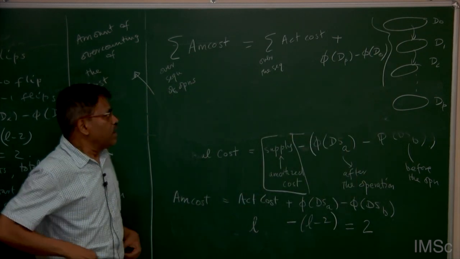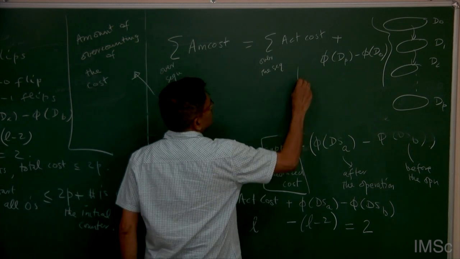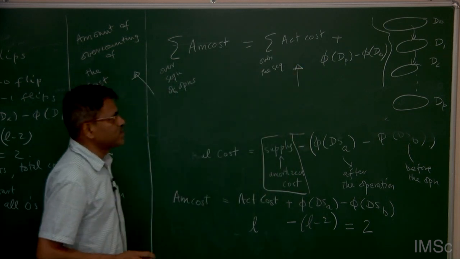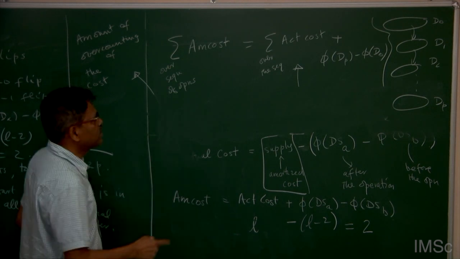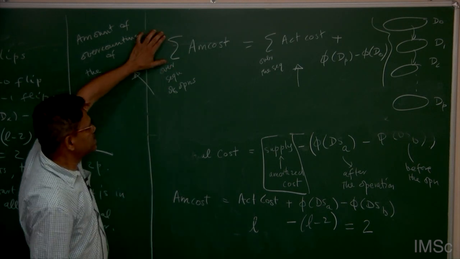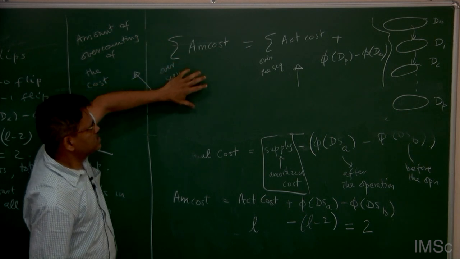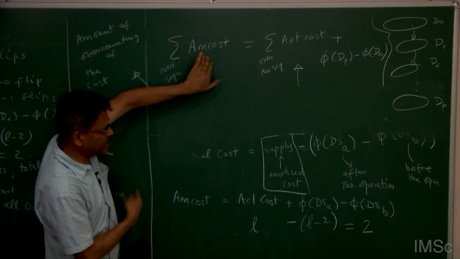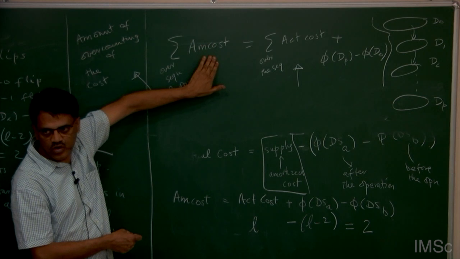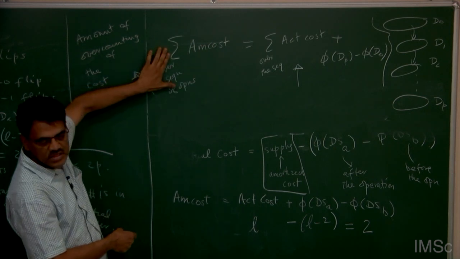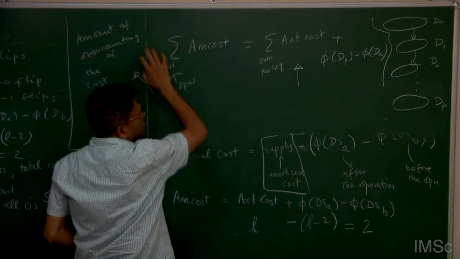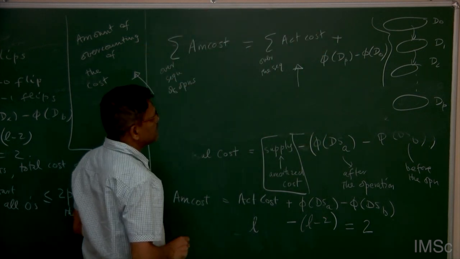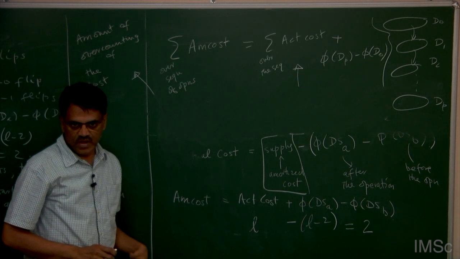Now my interest is here, because I just care about the total cost for the sequence of operations, the actual cost. So this is the summation over amortized cost, which I analyzed to be 2 times the number of operations. And this thing will come in here, phi of D0 minus phi of DP.